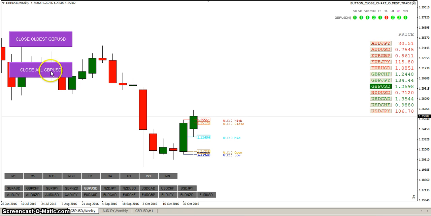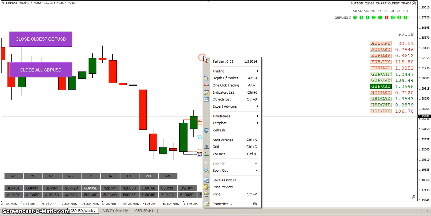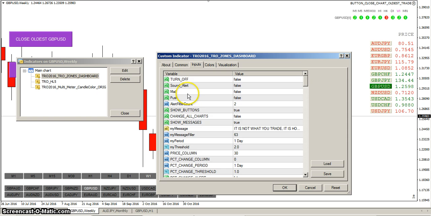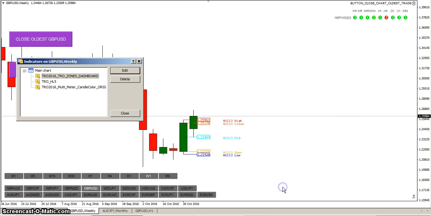If you have an EA loaded and you click one of these buttons, it takes what seems like forever for MT4 to respond. So in the zones dashboard, I made a new input, show buttons.